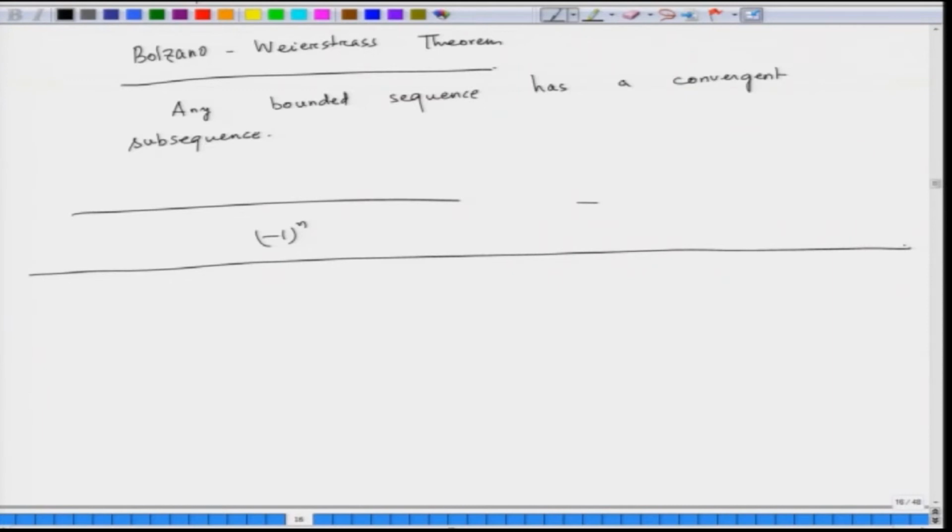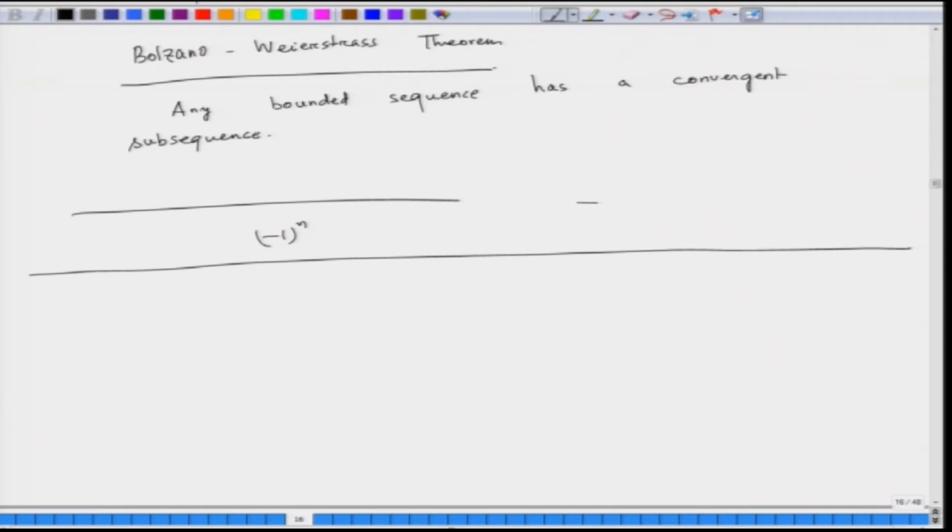Also, it will be interesting to ask what are the criteria for which, if we check them, then we can definitely say that this given sequence is going to be a convergent sequence.